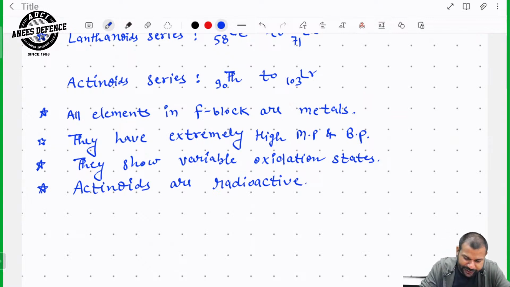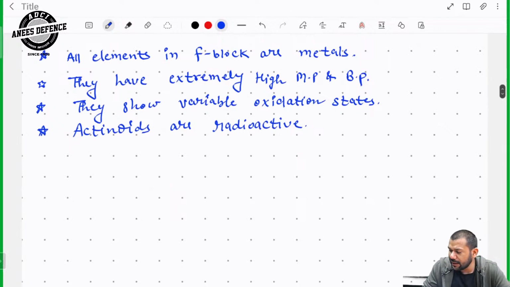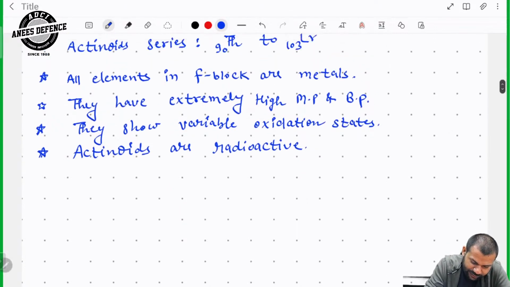And the next point is, what is the general electronic configuration of F block elements?